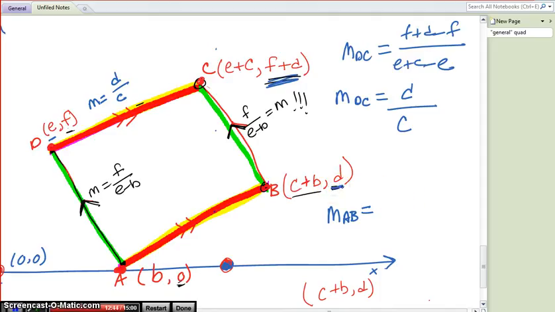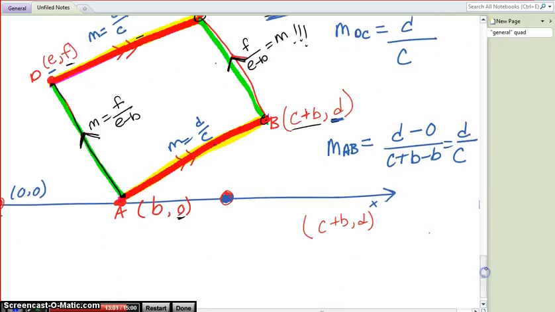So slope for AB is D minus 0. Well, that's a nice one. C plus B minus B, that's D over C. Slope is D over C. Thus, it is proven.